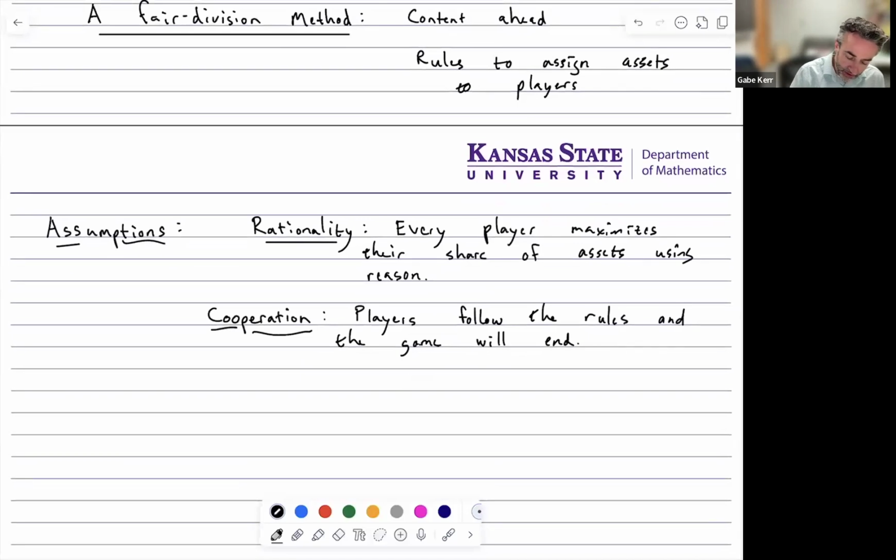This third one is a big one, which is not exactly present in many practical cases, but nonetheless, we would like to assume it. And that's that there's privacy.